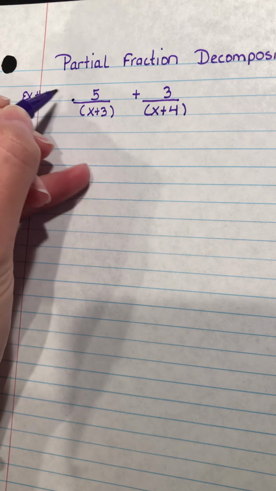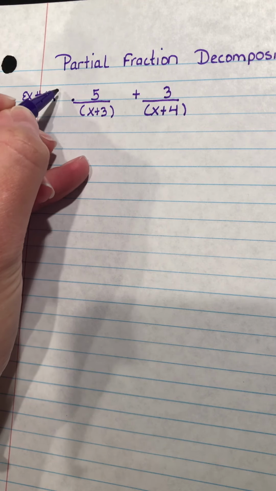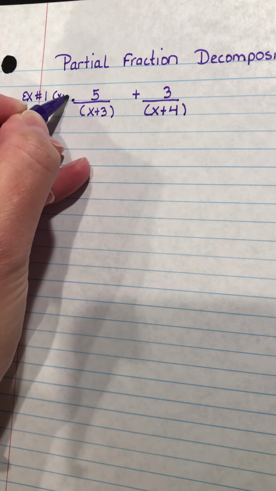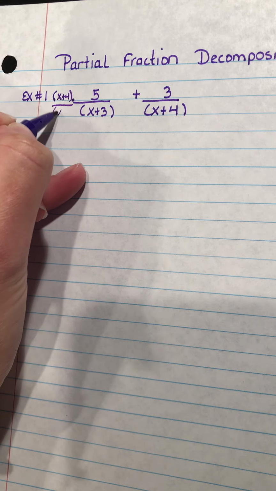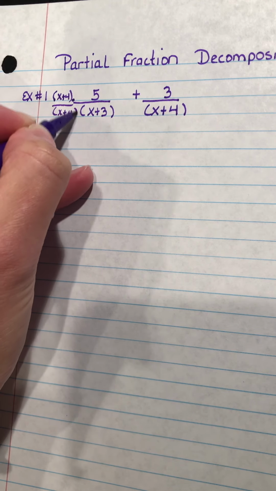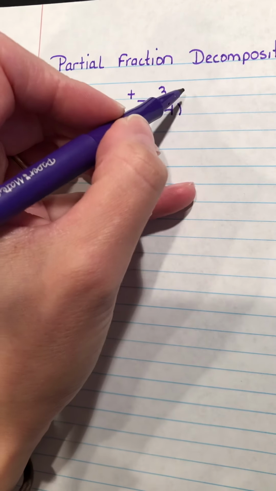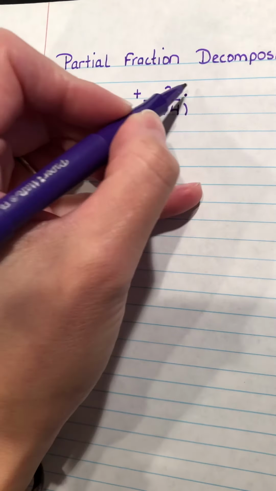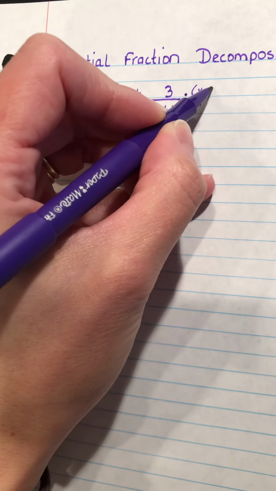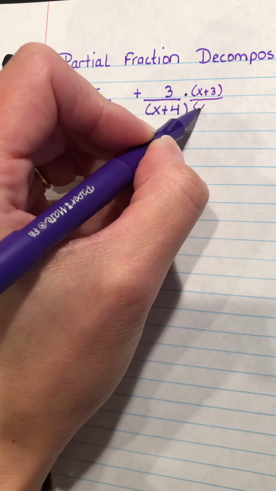On the left, I'm going to multiply by the quantity x plus 4 over the quantity x plus 4. Notice I'm putting my fractions in parentheses. And on the right, I'm going to multiply by the quantity x plus 3 over x plus 3.